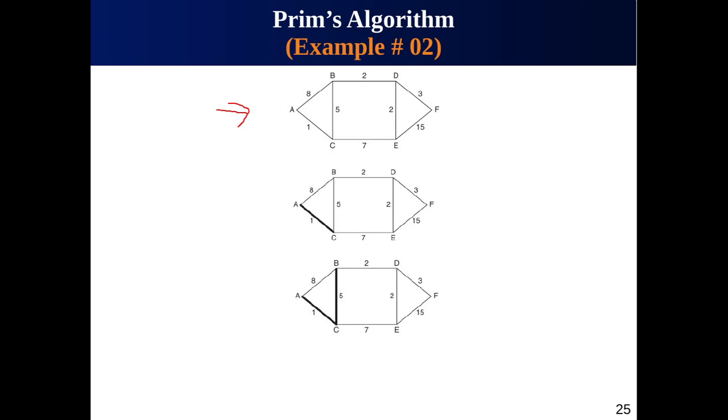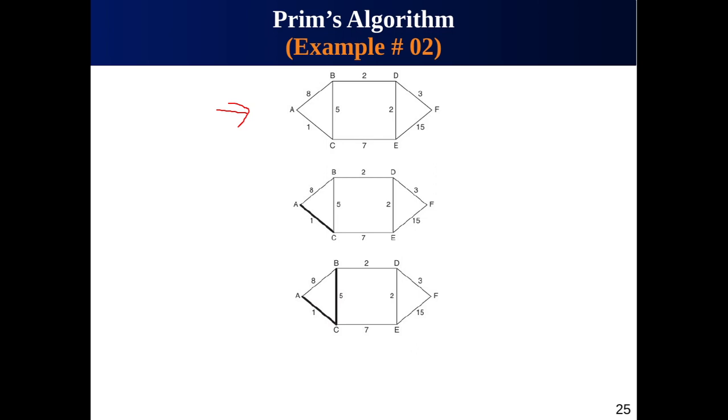They will lead to the same solution. But if the weights associated with the edges are not unique, not distinct, then both algorithms may not always produce the same MST.